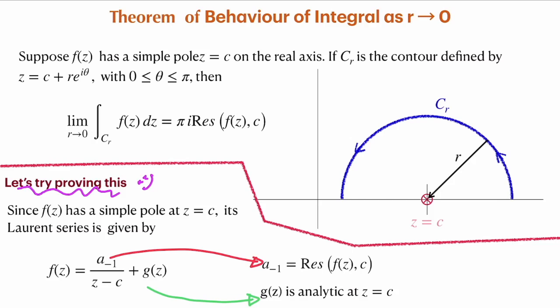With the convention of the Laurent series, we know that if the function has a simple pole only, then there are no negative powers higher than minus 1. So the series terminates at minus 1, that is, a_{-1}/(z - c) + g(z).